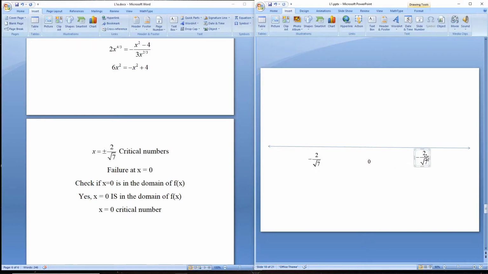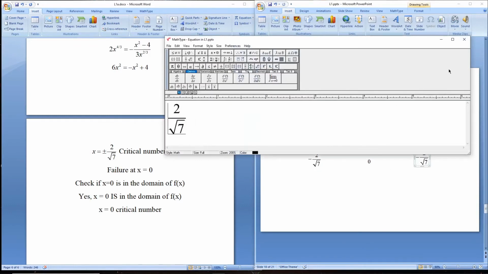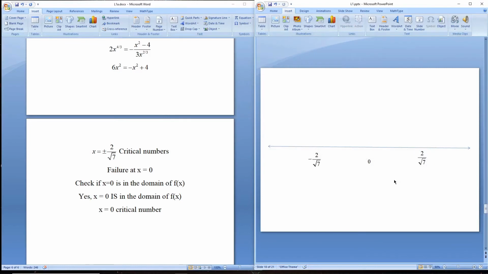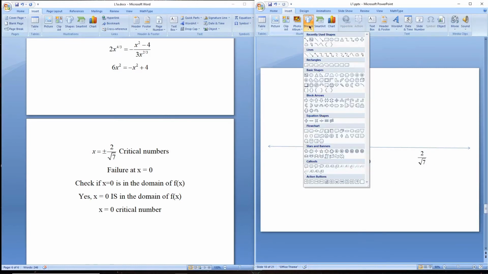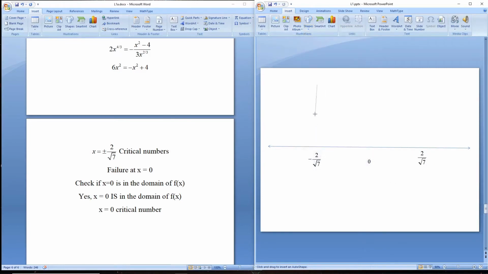And then we'll have a positive. Those are our 3 critical numbers. Those 3 critical numbers divide the number line into regions. These regions are where the function is monotonic. And that means we only have to check one number in a region to know what the function's doing there.